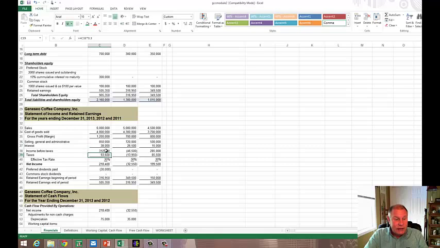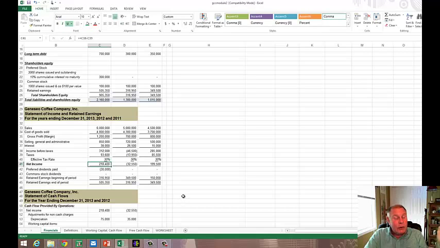Income before taxes, which is the $1.2 million less 850 less 38, is $312,000. Taxes, 93.6, and that's an effective tax rate of 30%, which is 93.6 divided by the 312.